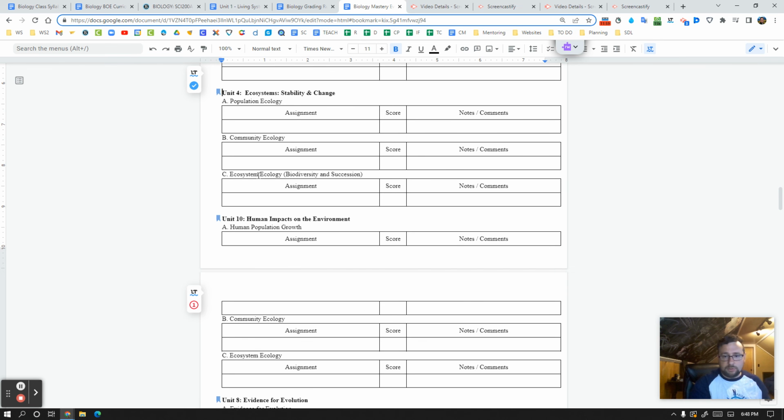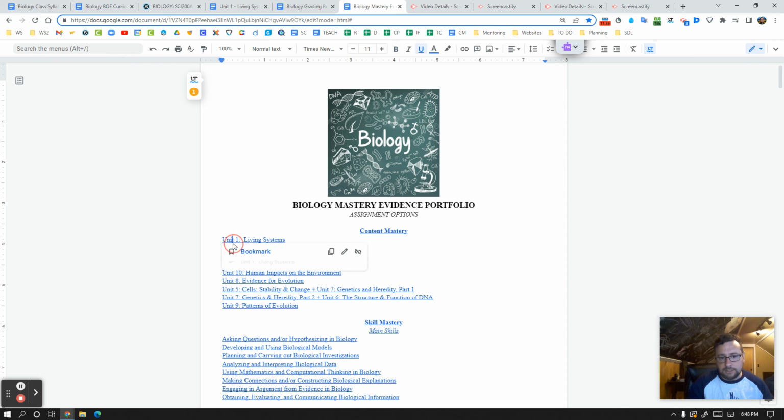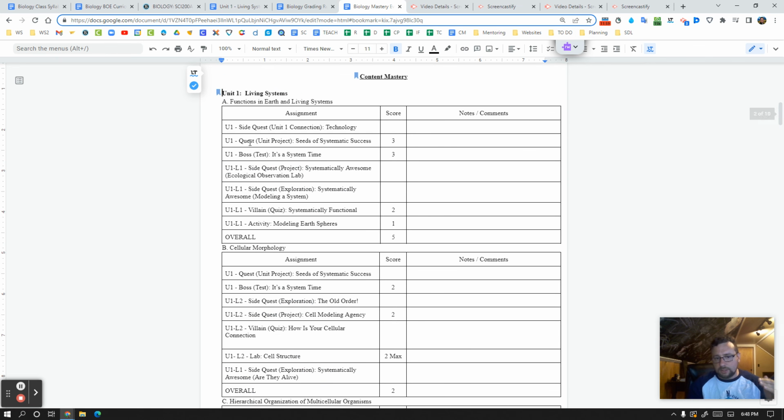And so I have unit one kind of done already, so you can see the different assignments that a student can do within that unit in order to earn mastery of those skills. So the students will have multiple opportunities to do so. And so each of these subtopics relates to these standards that we were talking about before. So that's what content mastery is, demonstrating that you know your stuff, your facts about biology.